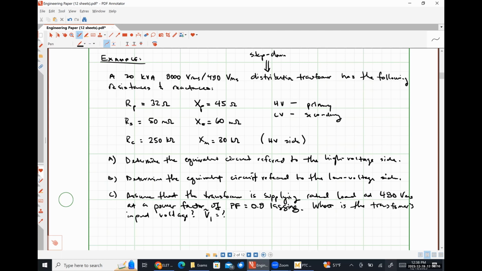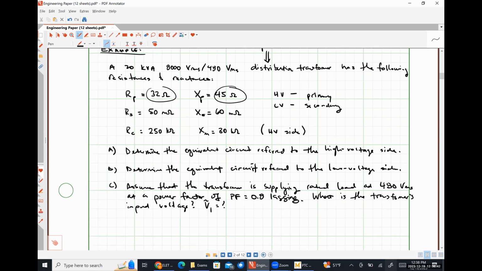So 32 ohms for RP and 45 ohms for XP are already the high voltage resistance and reactance, since our high voltage side is our primary and the subscript P is for primary quantities and the subscript S is for secondary quantities.